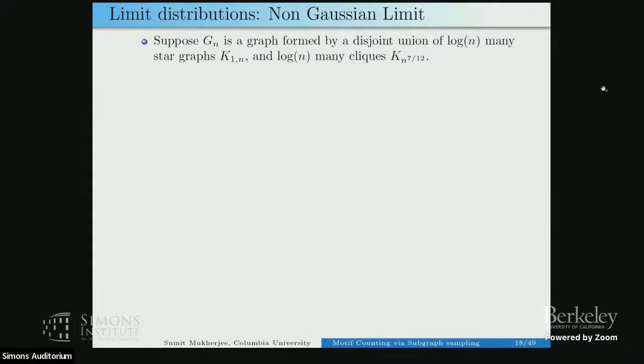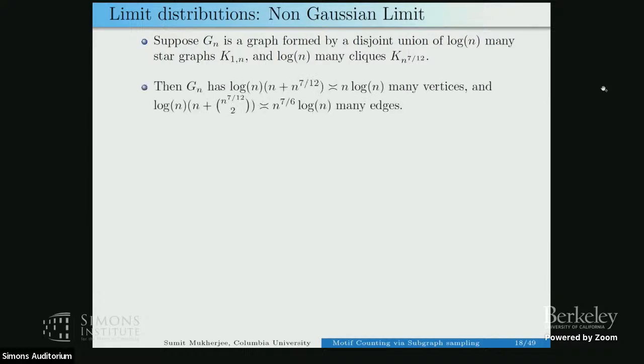As I indicated in the last slide, you have log n many stars and log n many cliques. How many vertices do you have? Log n times, per star you have n vertices, and per clique you have n to the 7/12 vertices. So the stars dominate, and you get n log n many vertices. For edges, per star you have n edges, but per clique it becomes quadratic, and that dominates, so n to the 7/6 log n many edges.